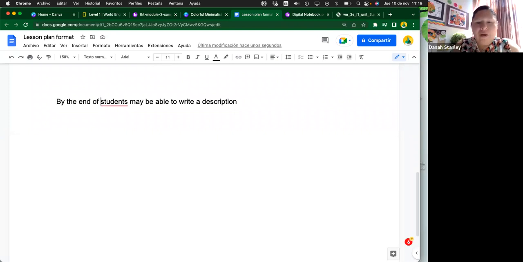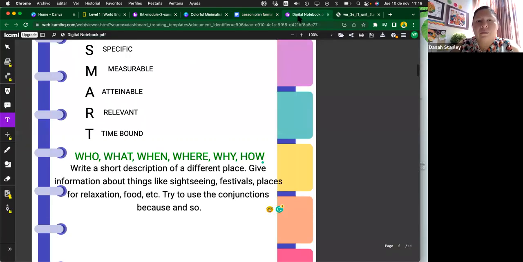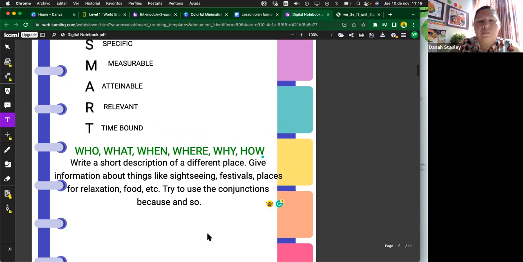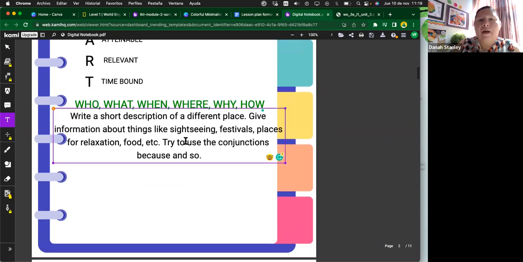By the end of the following 2 sessions, comma, students may be able to write a description about acá, ¿a qué?